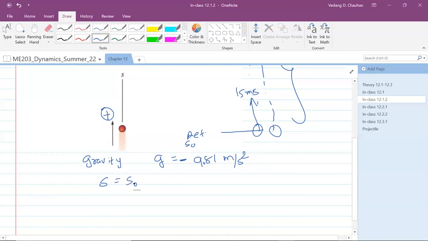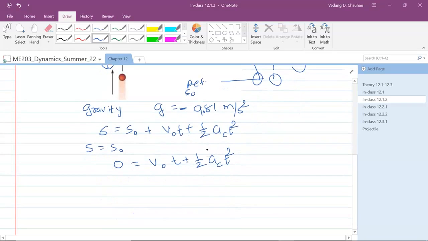So let's write down this equation. S equals S0 plus V0t plus 1/2 a t square. Now S and S0 are the same for this problem, so we can put 0 here, equal to V0t plus 1/2 a t square. The initial velocity of the ball is 15, so 15 times t plus 1/2 times minus 9.81 t square.